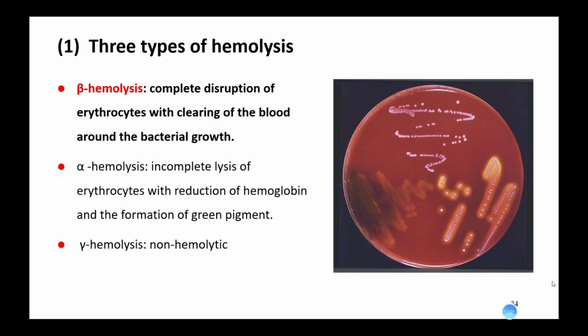And in this group, Streptococcus, some of them are beta hemolysis, some are alpha hemolysis. Well, you don't have to remember all these results, all this data, but for some important pathogens we are introducing in detail, you should know their hemolytic activity.